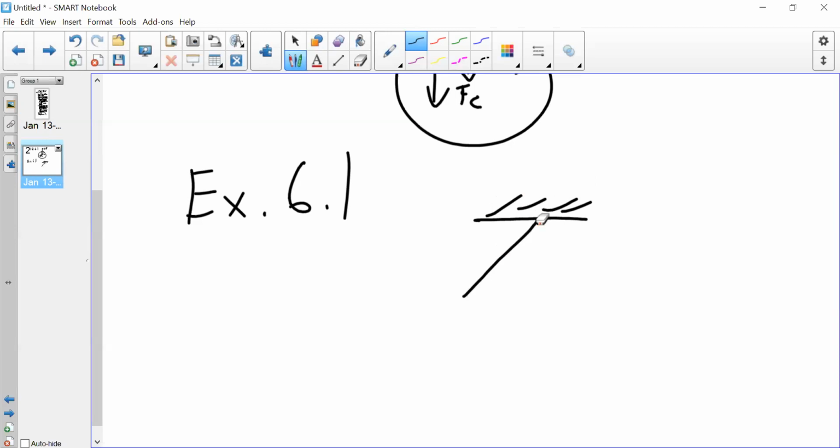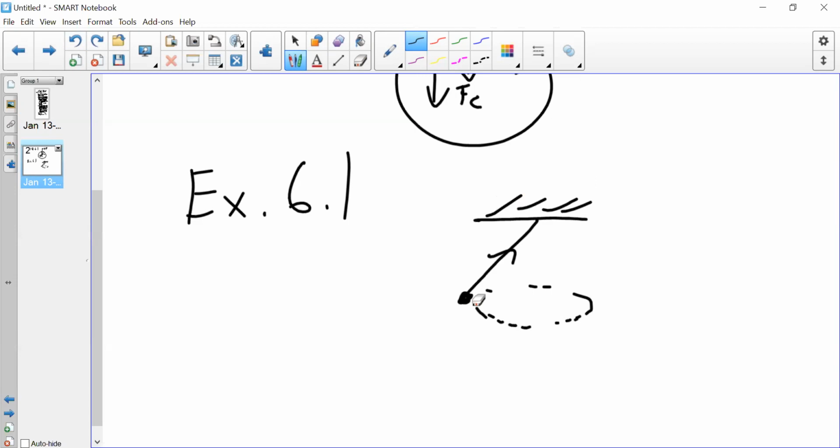And so the roof here is providing the tension, source of tension. And then we got this ball. Okay, so it's going around in a circle like that.